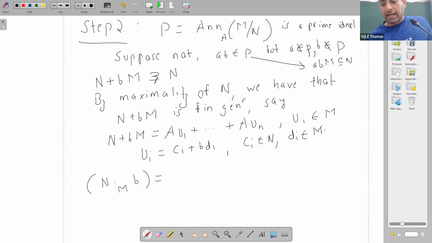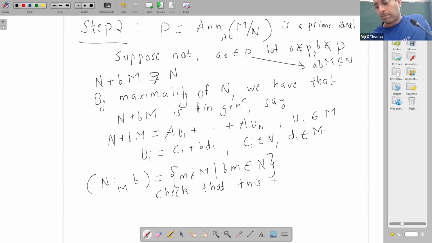Here I am saying it is the set of all m belonging to M such that b times m lands in N. Check that this is a submodule of M. Now, what can you say about this? I want you to notice this first. N is clearly contained in this submodule. What else is contained?